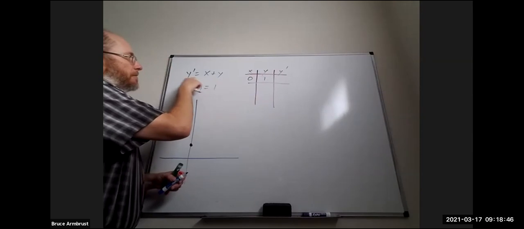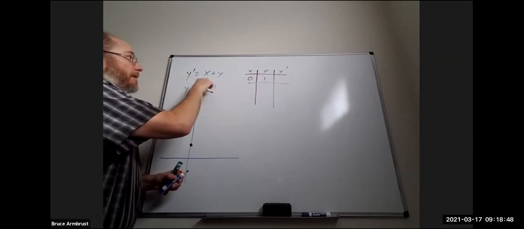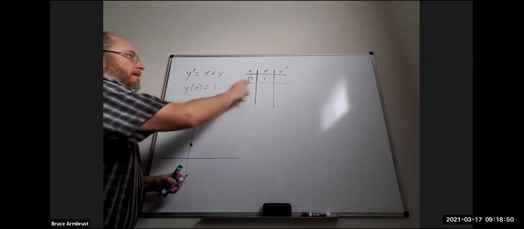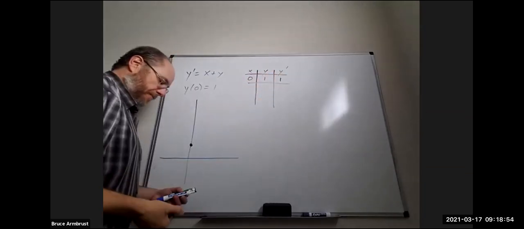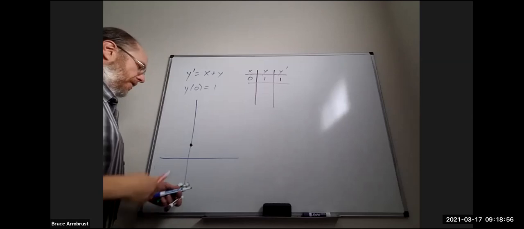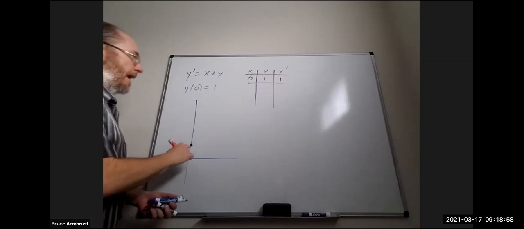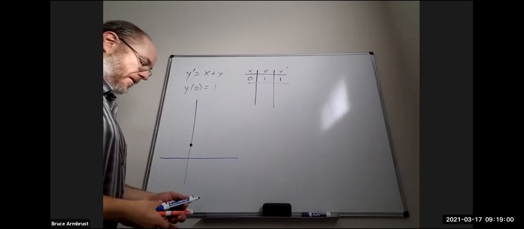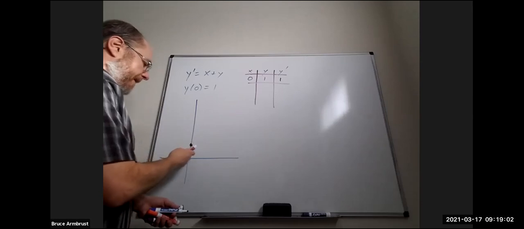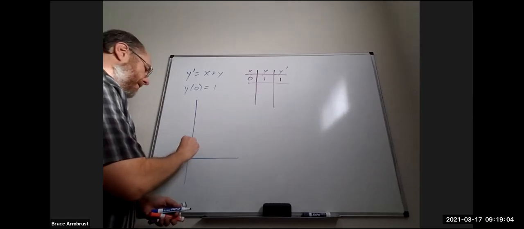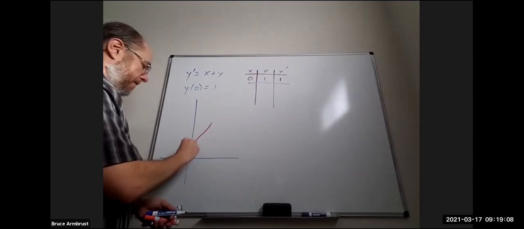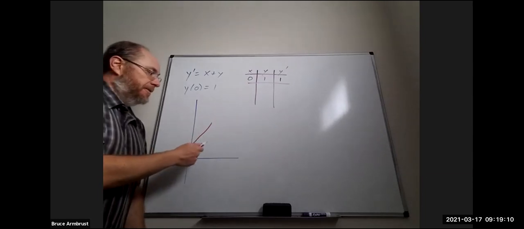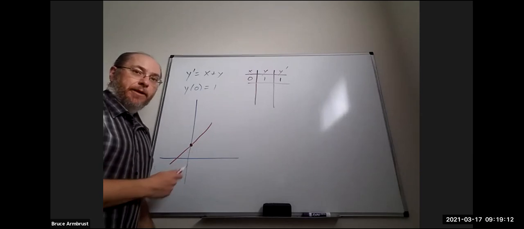If I go up to my differential equation, y prime is equal to x plus y, I'm going to take 0 plus 1 and get 1. So that means right now at 0, 1, the best approximation for our function would be the line with slope 1. This is the tangent line at that point.